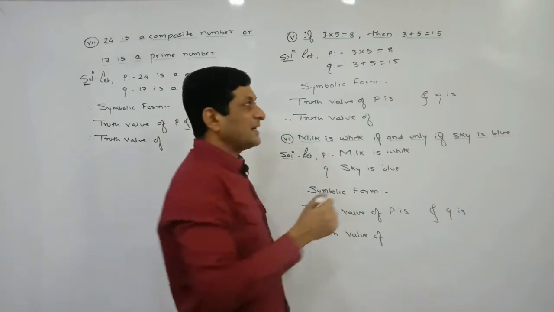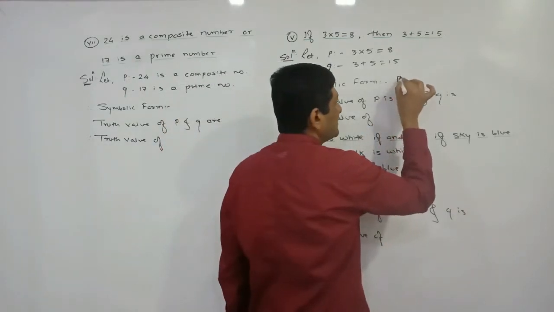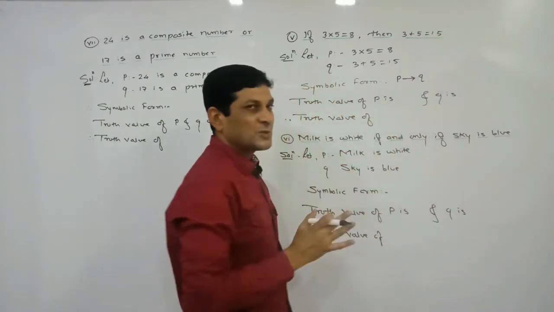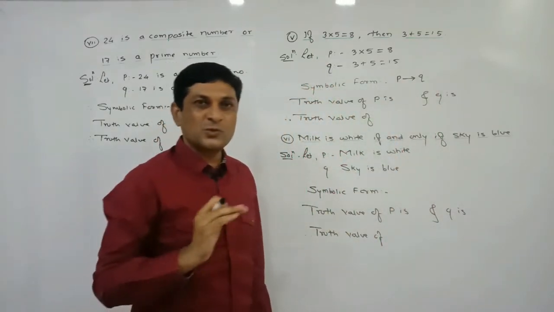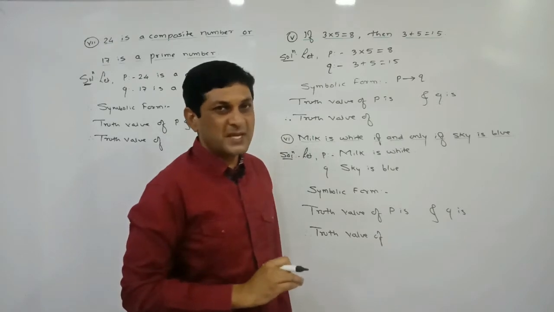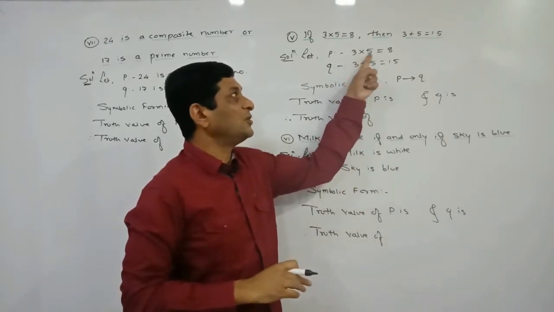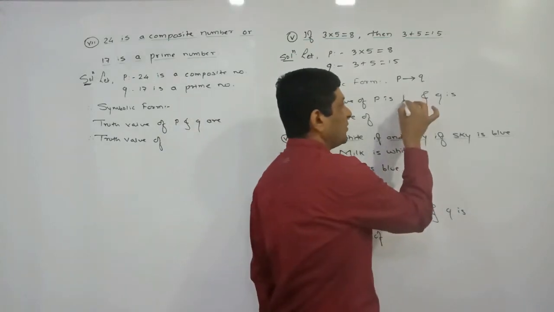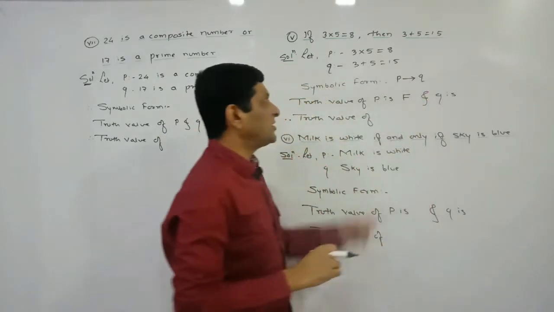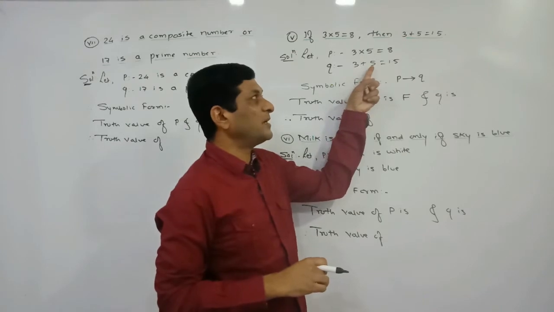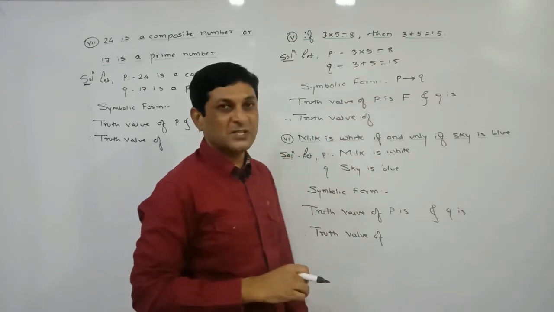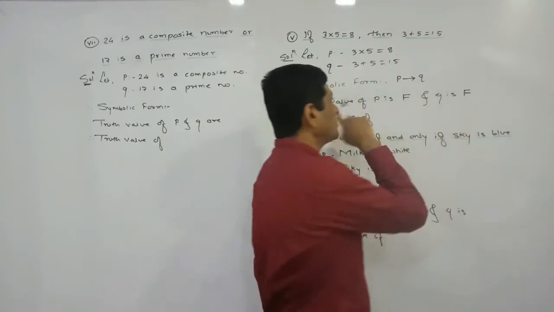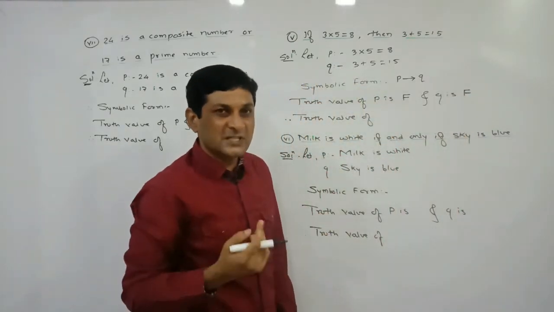If two parts are connected by if then, its symbolical representation is denoted by implication. Now find out the truth values of P and Q. 5 into 3 is 15, but it is given as 8, so P is false. And the statement Q, 3 plus 5 is 8, but it is given as 15, so Q is also false. The truth value of P is F and Q is also F.